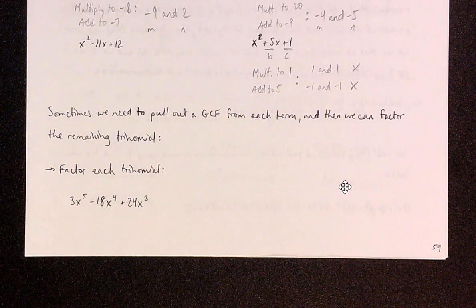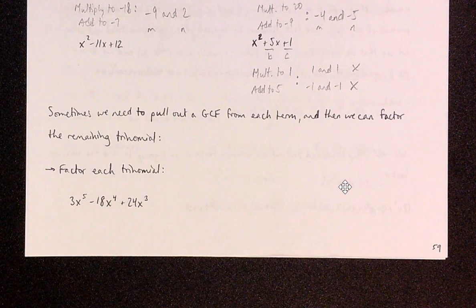This video is a continuation of our previous video when we talked about factoring trinomials. We're going to continue talking about that particular topic. Sometimes we need to pull out the GCF from each term in a polynomial, and then what is left over is a trinomial that we can factor, something like we just did up top here.